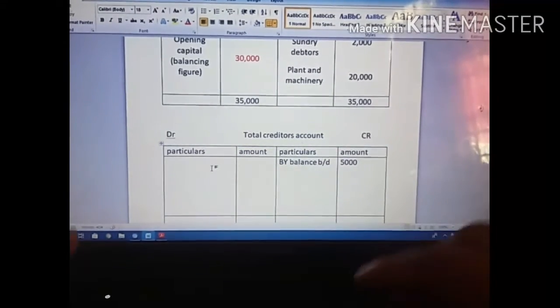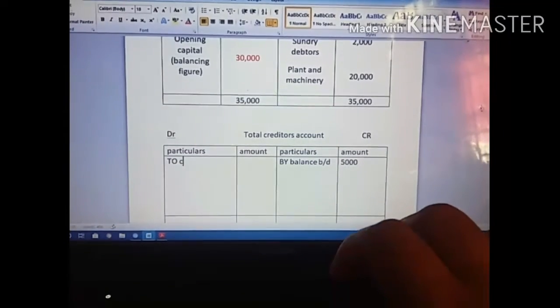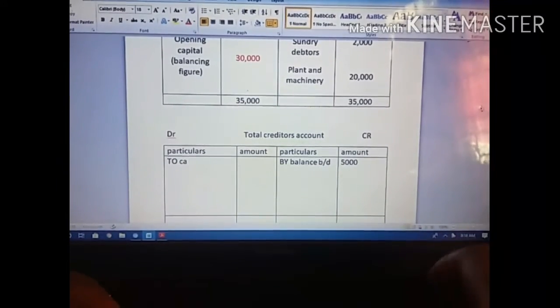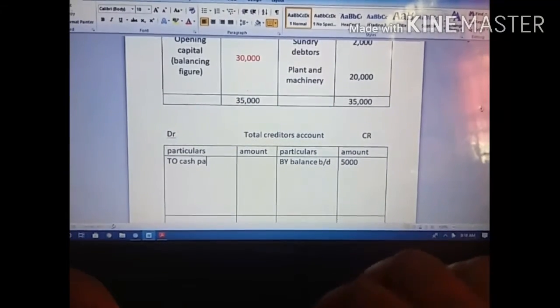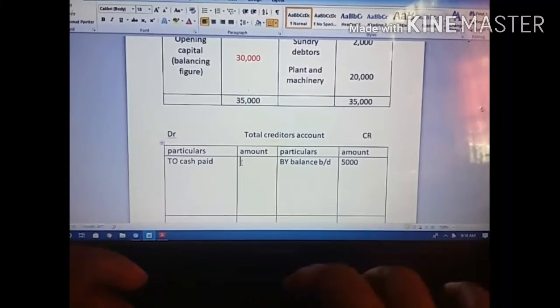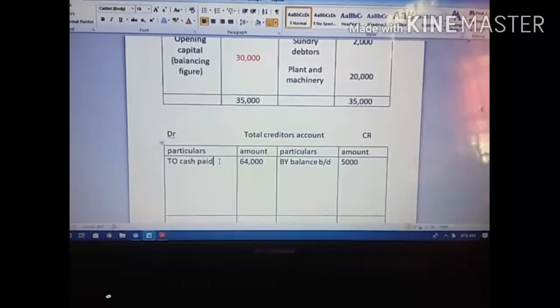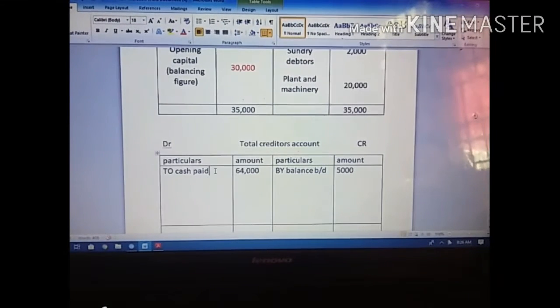Then cash paid to creditor. So that also we have to write here, to cash paid. So to cash paid 64,000. So cash paid to creditor 64,000 we have to enter in the debit side.